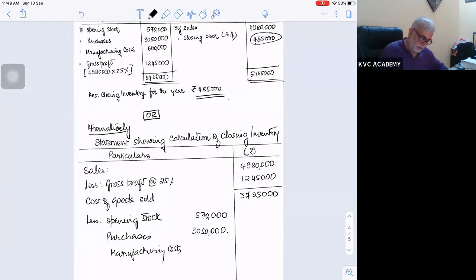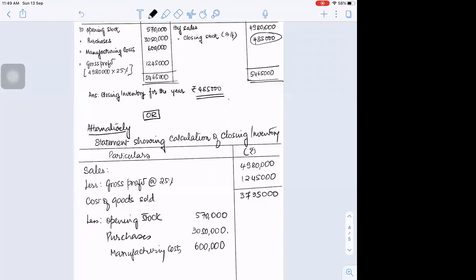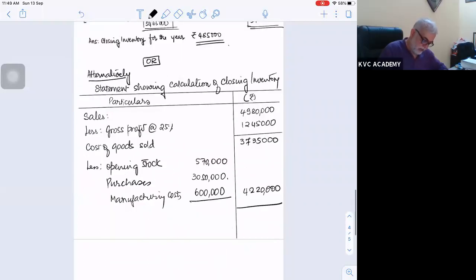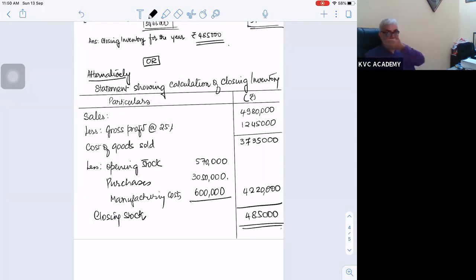How much manufacturing cost? 6 lakhs. Okay. So what is the total of this? 42 lakh 20,000. So what remains is closing stock of 4 lakh 85,000. You can do it like this also.